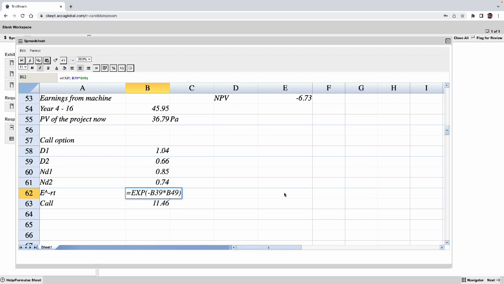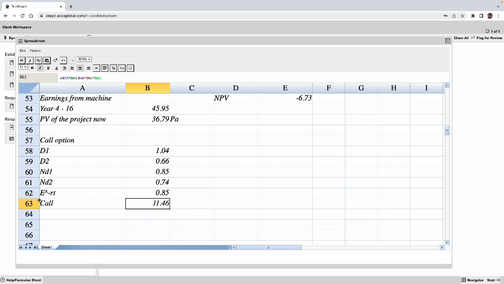So make sure you know it's EXP, no power off. Don't go and square root it or power off. Don't put the power symbol there. Just EXP, straight away the numbers only. Can? That should give you the number, and that's the call value.